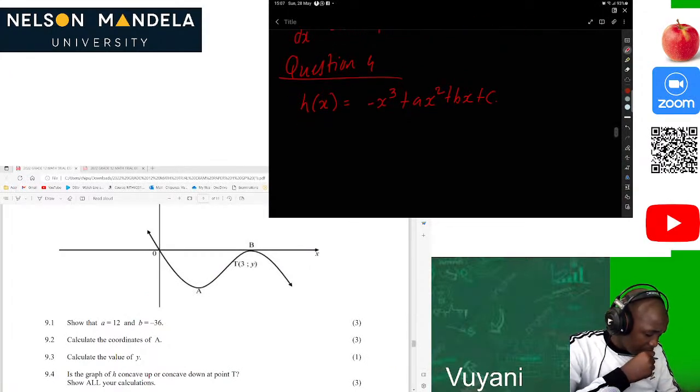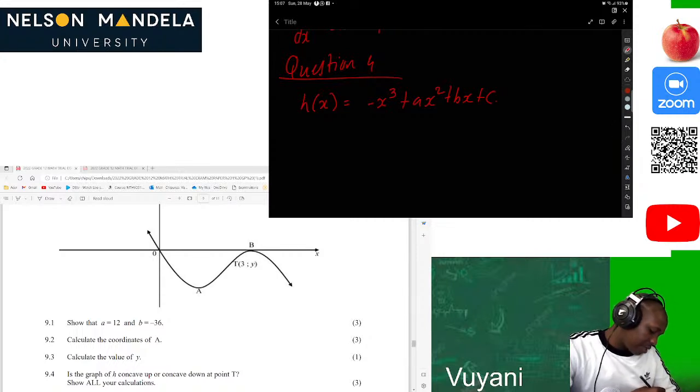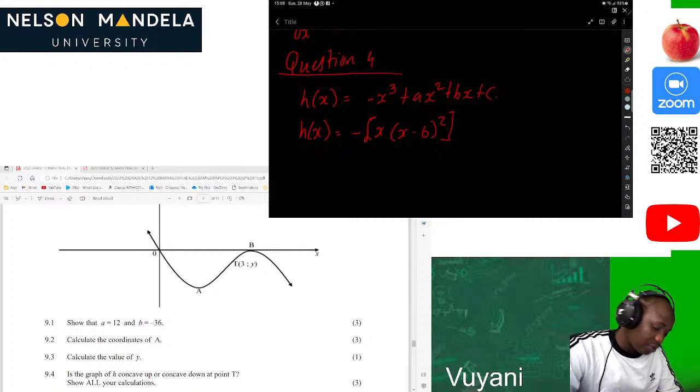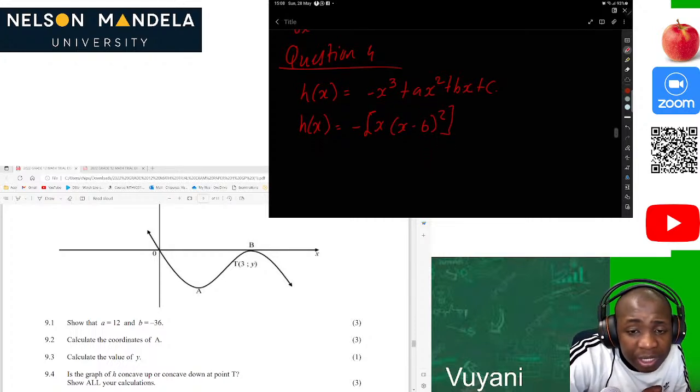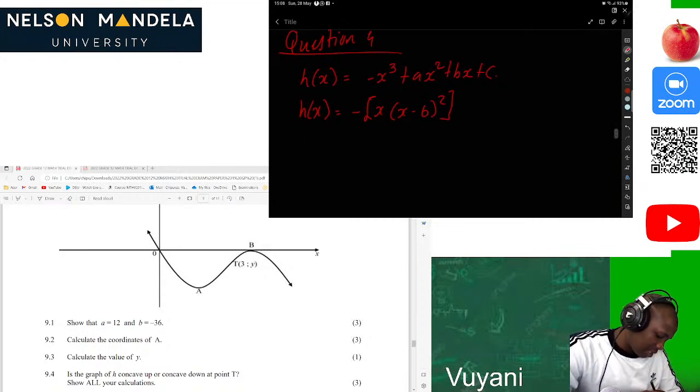The first thing you can do here is to see that h of x is the same as negative of x minus 6, squared. Of course, you can see that we have substituted that point B, which is 6 is to 0. Then after that, h of x will be negative.